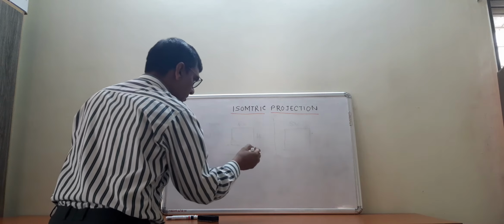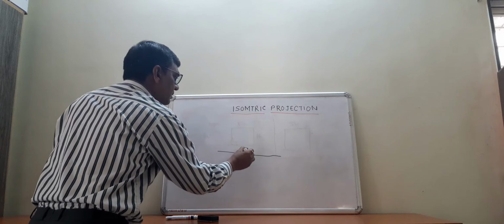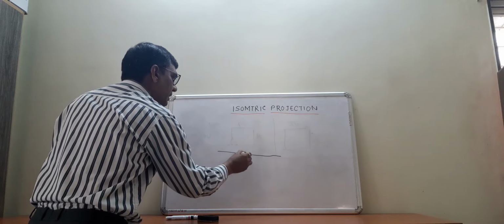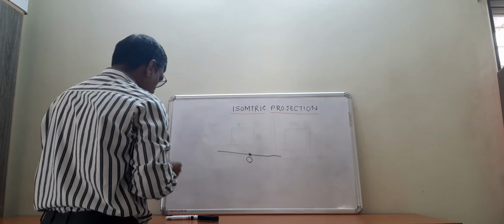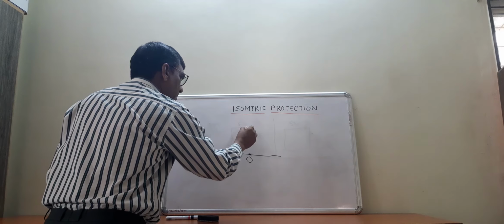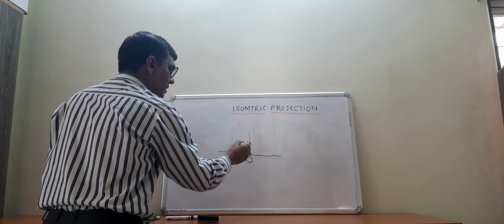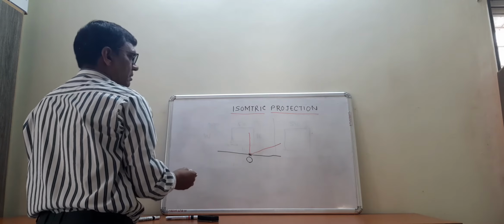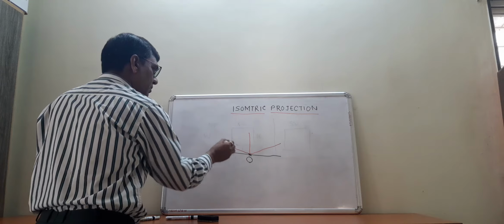So whatever I said, if I want to draw picture of this, then I will draw first of all a ground line. Ground line, on that any one point will take it as origin. As I said that one line is vertically coming out, it is making 90 degree angle with the ground line. Other line is going on the right of the origin. Third line is going on the left of the origin.